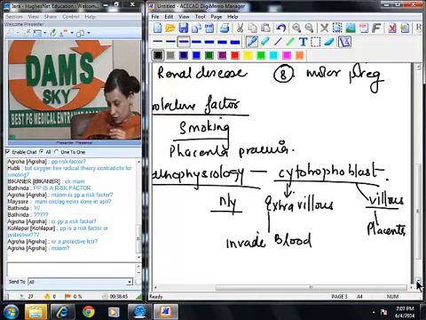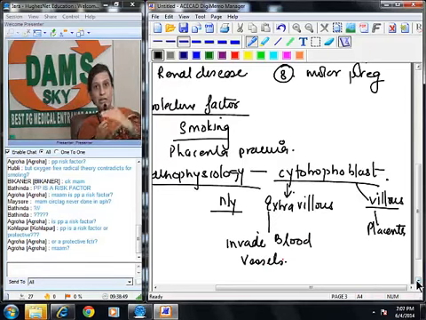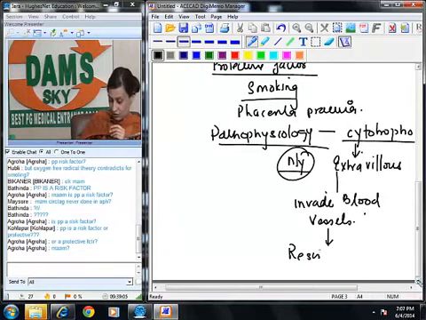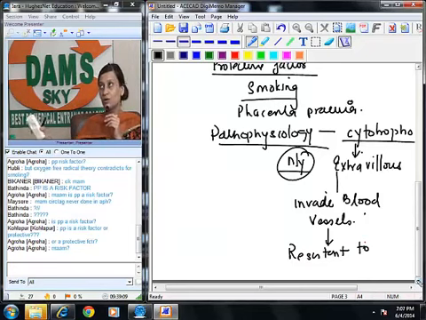They invade the maternal blood vessels. They invade the myometrium and then they invade the maternal blood vessels. Normally, in any pregnant female, this is going to happen. When they invade the blood vessels of the mother, they make these blood vessels resistant to vasopressors.